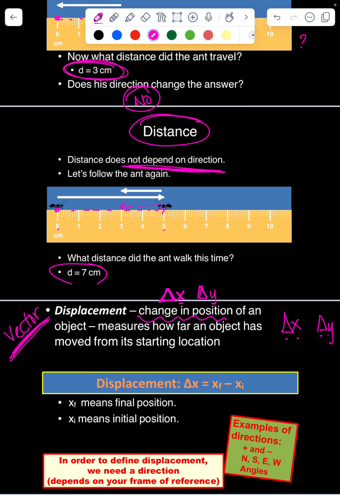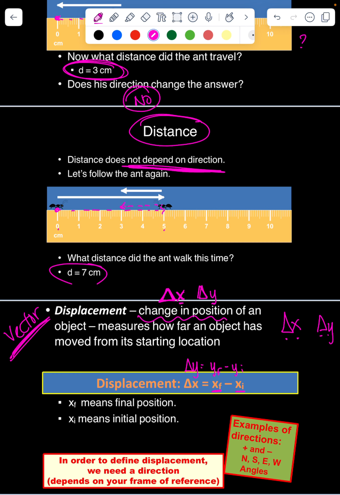All right, so if we have our displacement, we have our first big equation for this, and that's going to be our displacement is equal to our final position minus our initial position. This could also say delta y is equal to y final minus y initial.